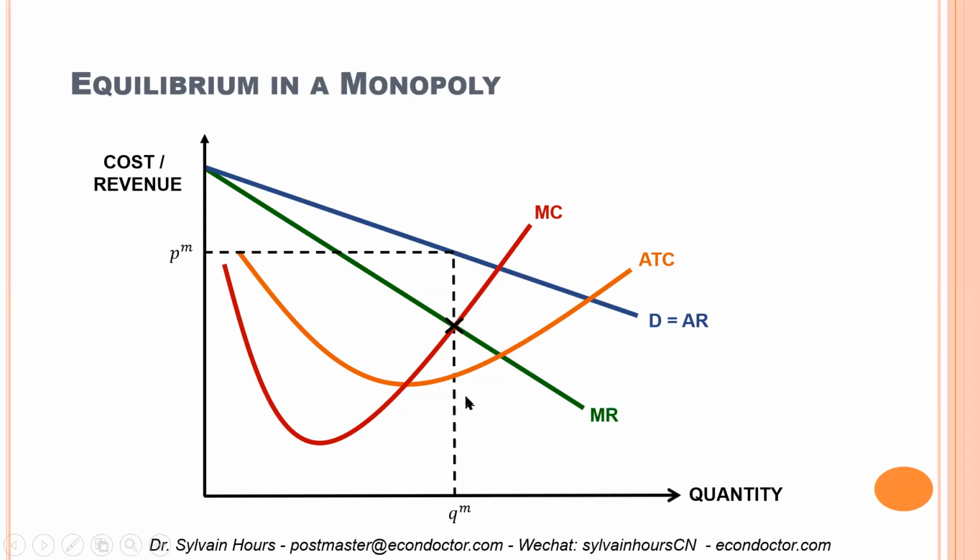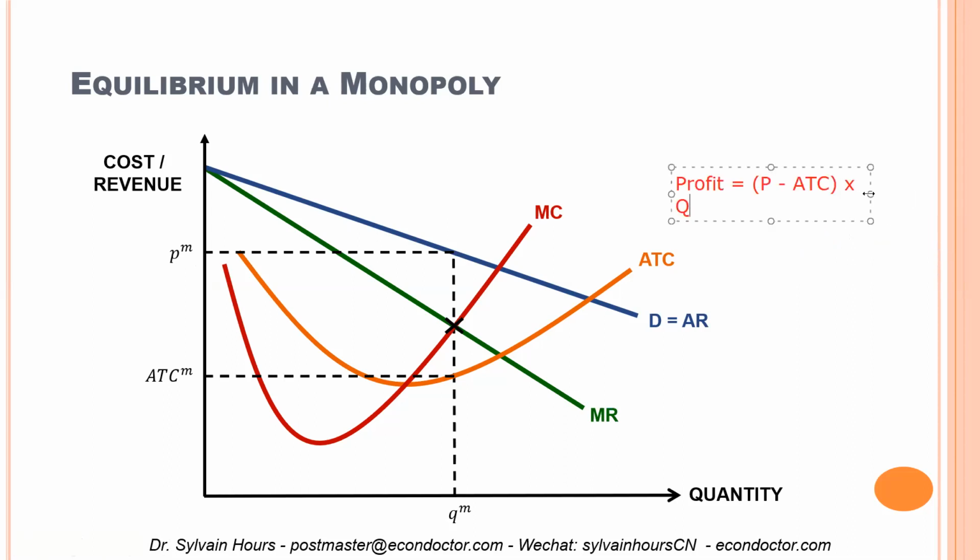Okay. Once we have the equilibrium price and quantity, we can identify the profit made by the monopolist. In order to find the profit, let me remind you that profit is simply the price minus the average total cost times the quantity.